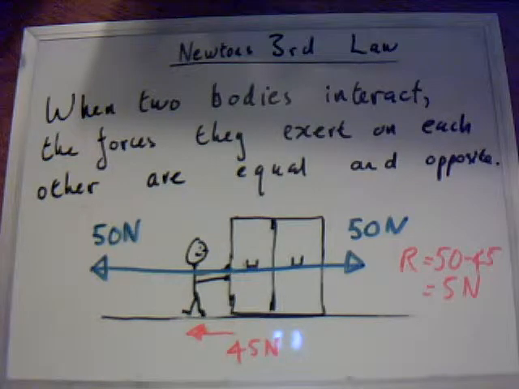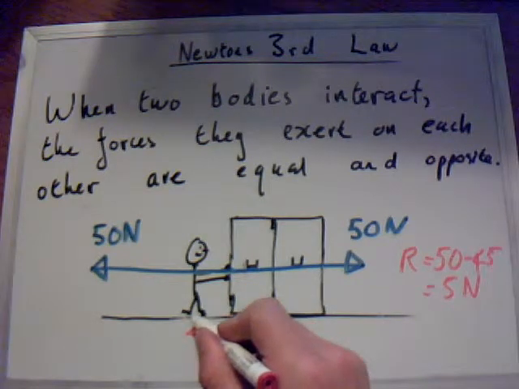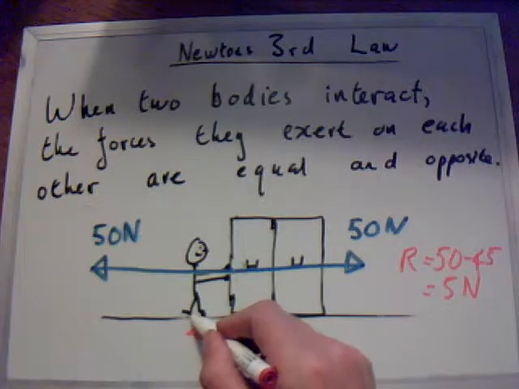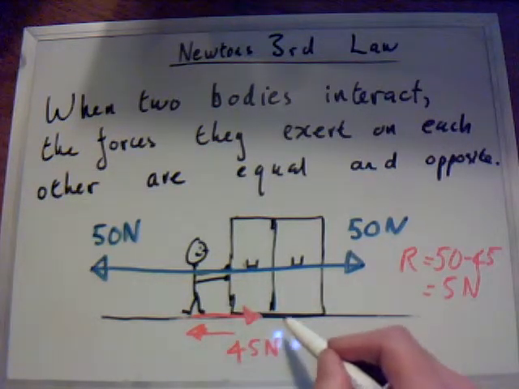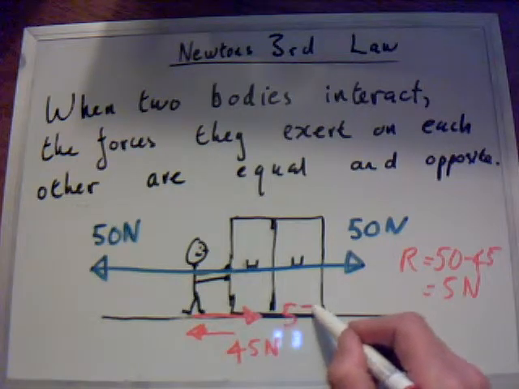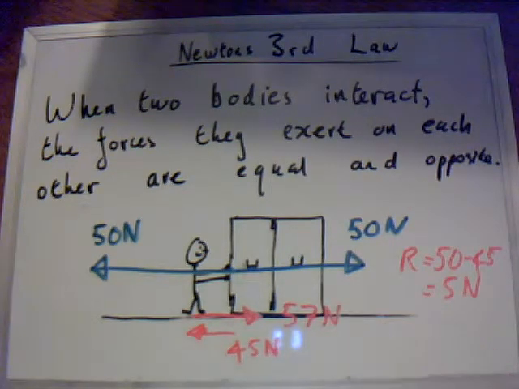Okay. Now the forces on the man: he's got 50 newtons acting that way, but acting on him from his feet pushing against the ground, to keep the consistency, I've calculated that he will feel a force from the floor, acting on him through his muscles pushing against it, of 57 newtons.